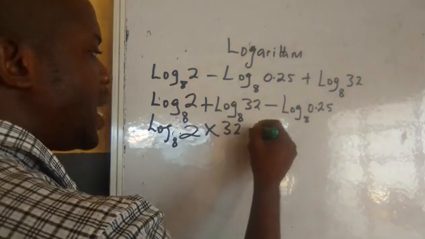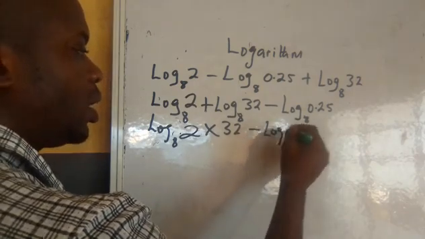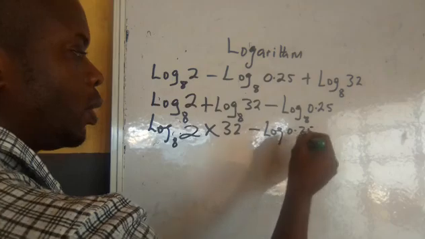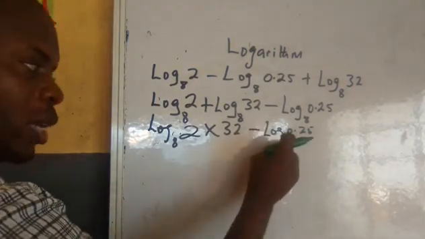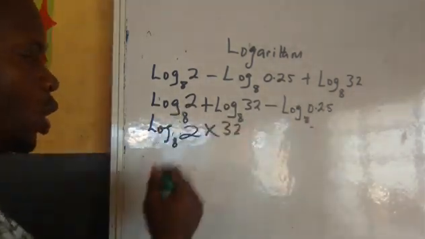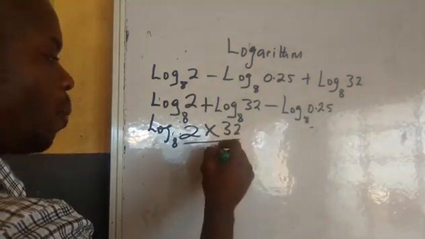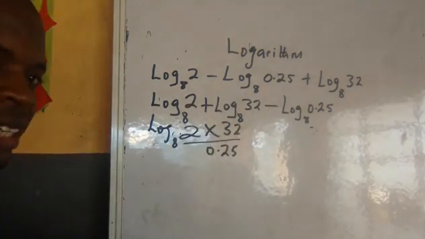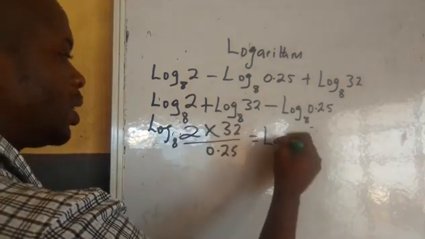So minus log, I can decide to say log 0.25 base 8, so that I will solve this one first, then I will come back to solve this. But I don't want to do it like that. Since they have the same base all through, I can just say divided by 0.25.